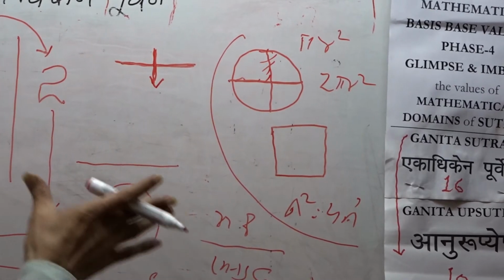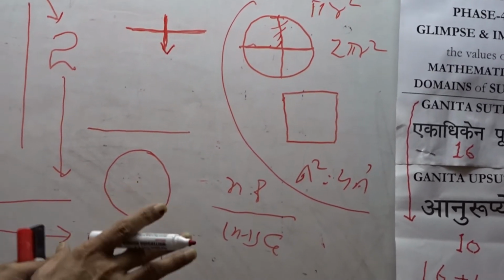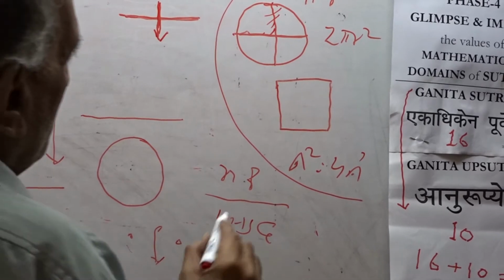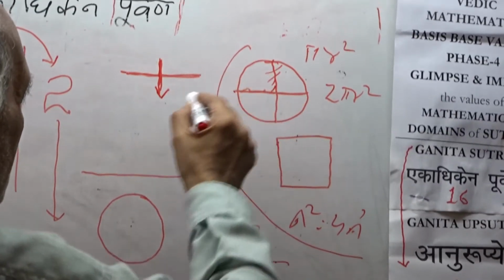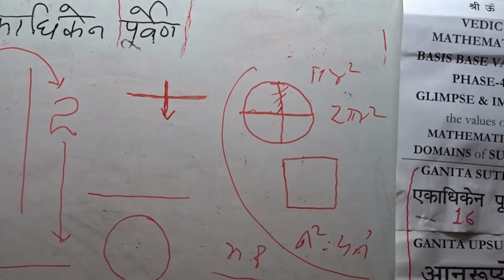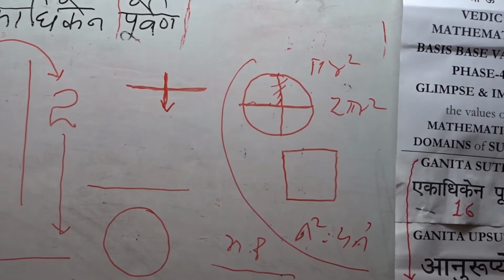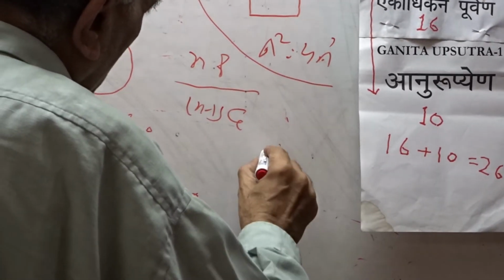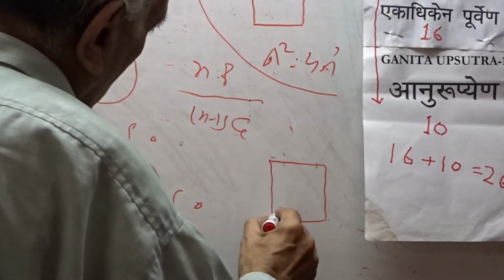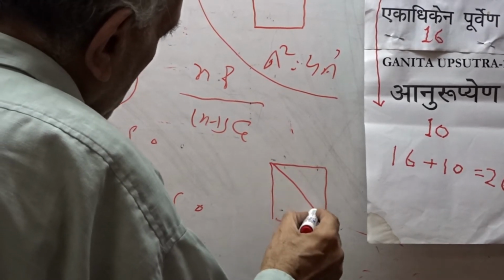Then ultimately we will come to a situation that this square, this circle, this dimonad, this reaching from 1 to 2, and then working out this particular, we will have the square as 2 parts.